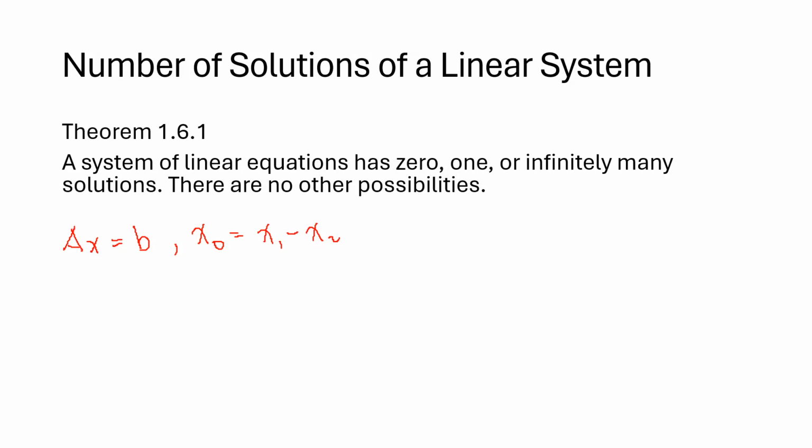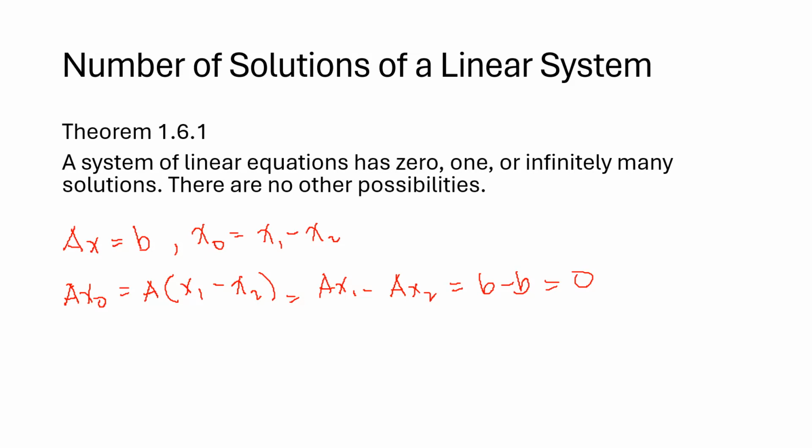Because x sub 1 and x sub 2 are distinct, the matrix x sub 0 is non-zero. Moreover, we have A x sub 0 is equal to A times x sub 1 minus x sub 2, which is equal to A x sub 1 minus A x sub 2, which is equal to b minus b, which is equal to 0.